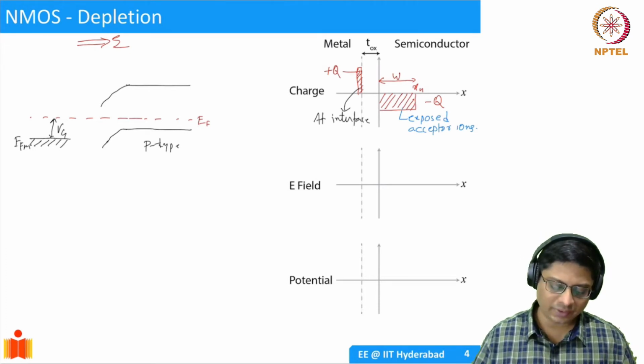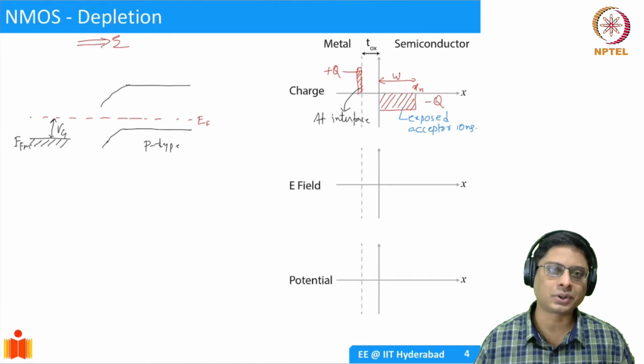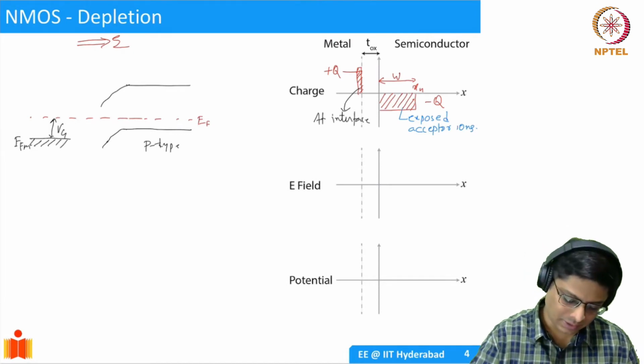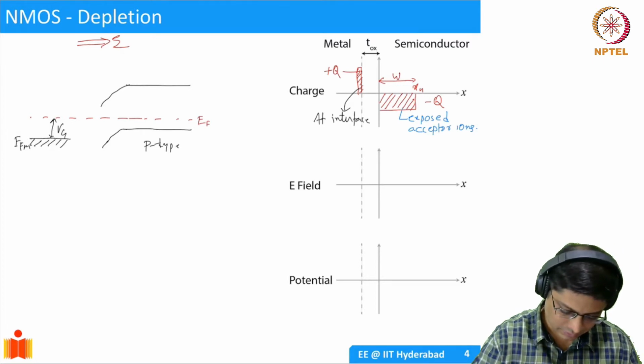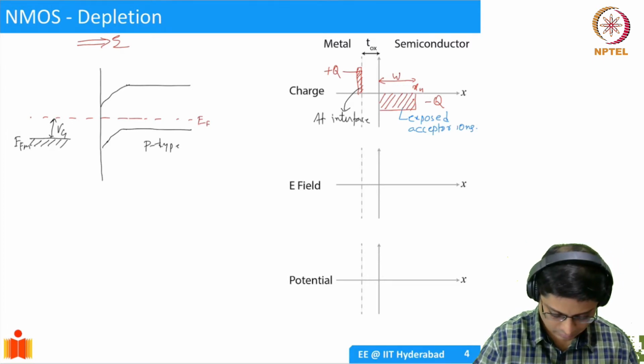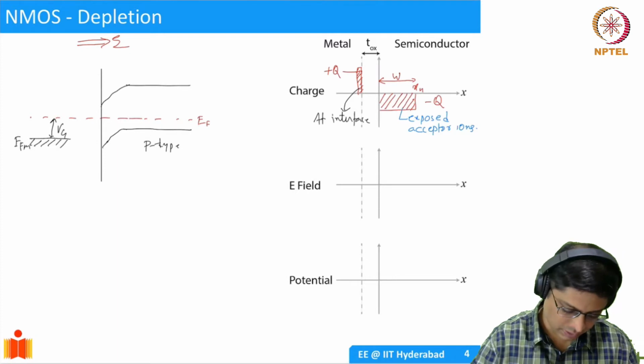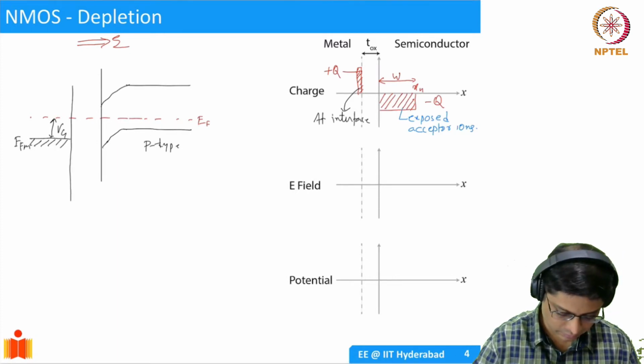Since we have a field which is in the positive X direction, how should the bands in the oxide be? Well, that is fairly simple. There should be band bending in this sort of a fashion.